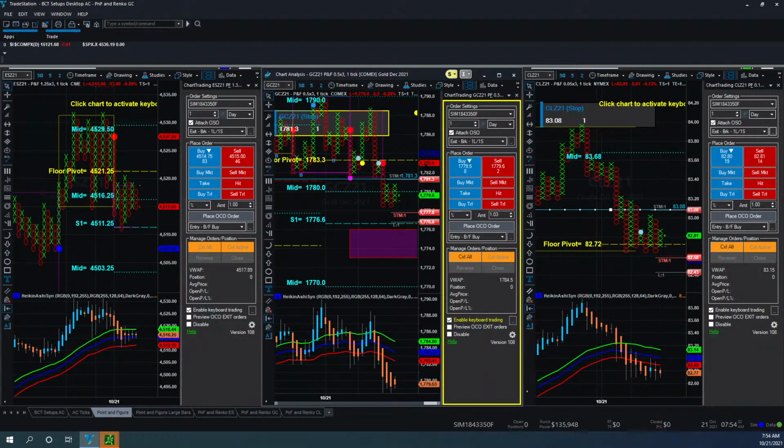Seems that it wants to go and test this bottom again, out of this double bottom right here. And a triple bottom in crude.